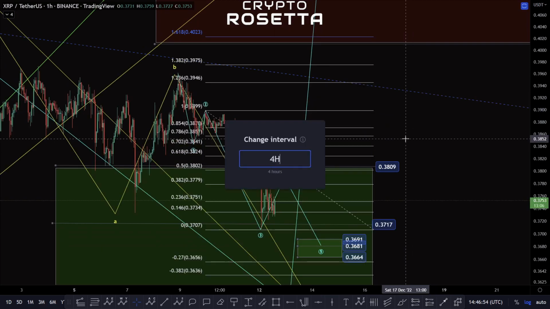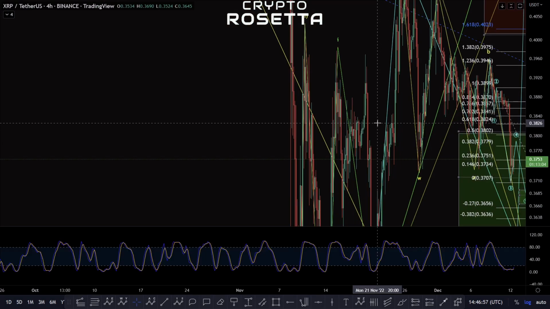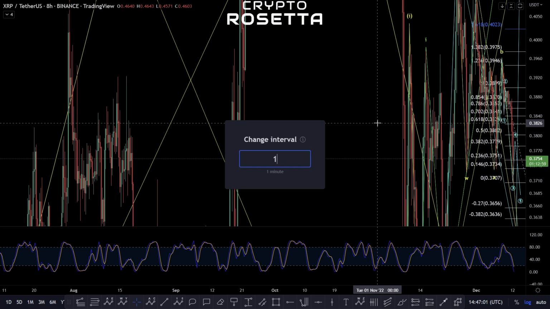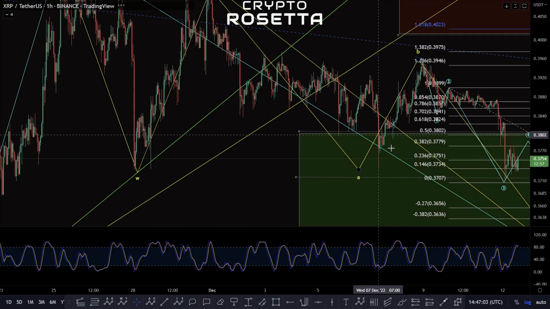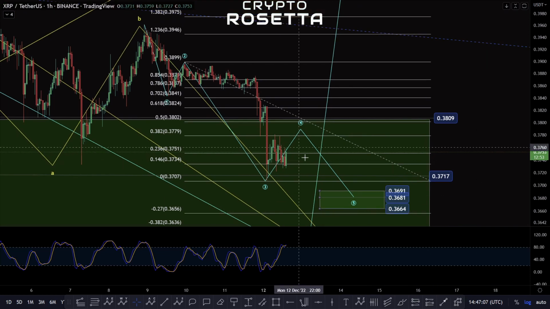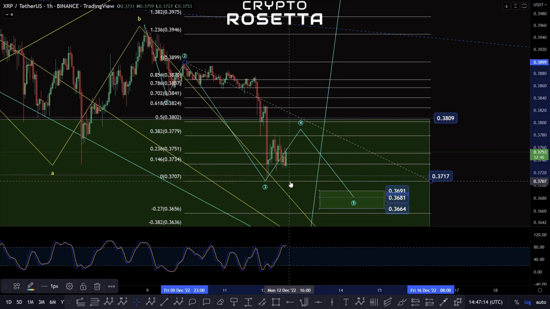The 4 hour and the 8 hour, however, are low. Well, the 8 hour is just entering oversold, and the 4 hour is already oversold. So there is potential that we could see one last little drop here to bring us down into this zone to reset this hourly stochastic, and then we could be looking for some upside to come in.